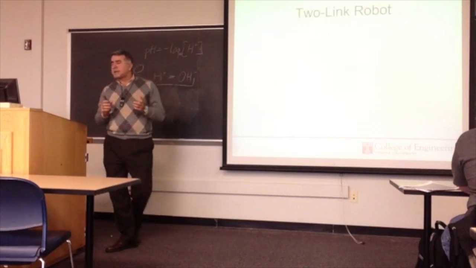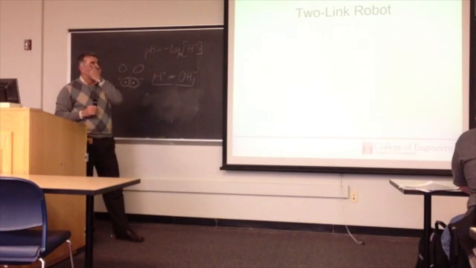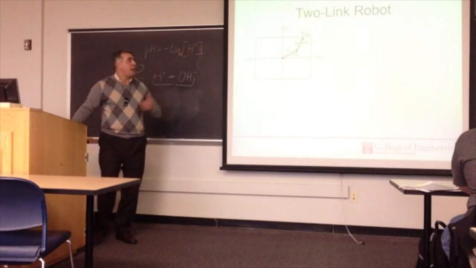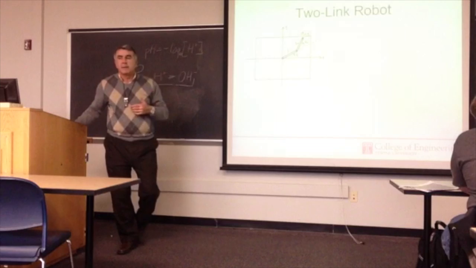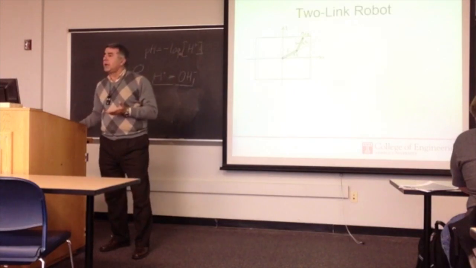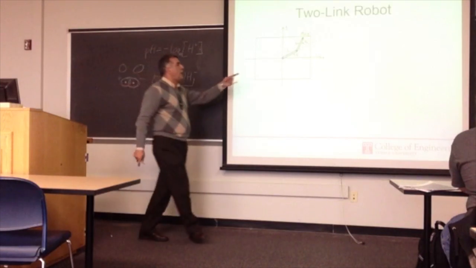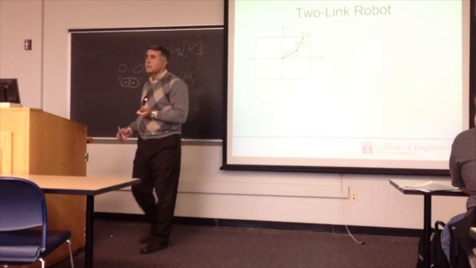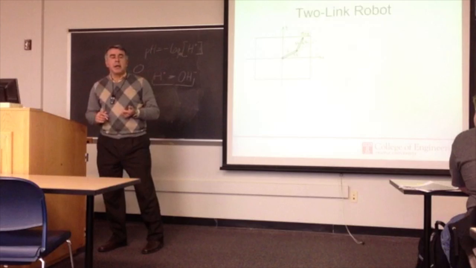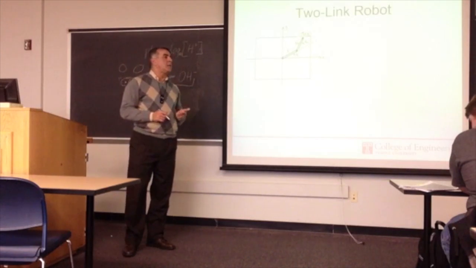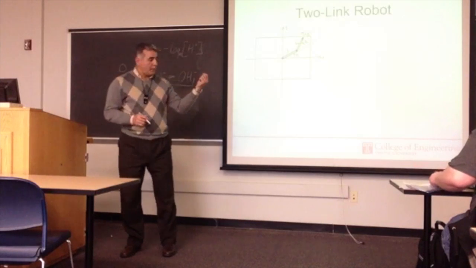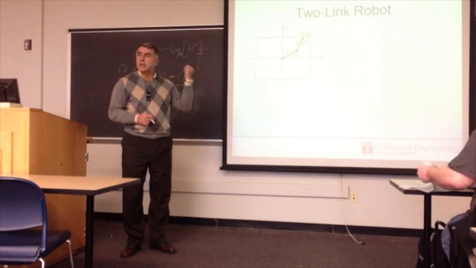So it becomes more like an engineering problem. That was a very simple study of robots. The next one, of course, is a little bit more complicated. Now instead of having one link, now you have two links. A two-link robot. Before we had one arm going like this.